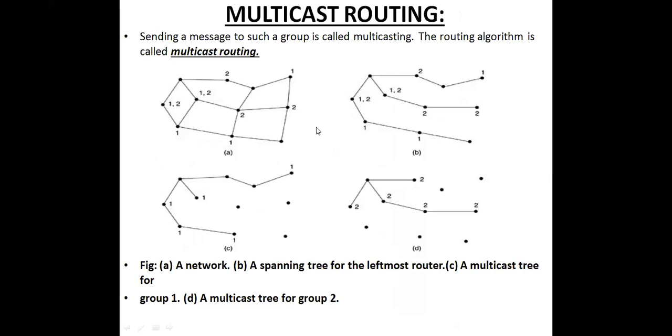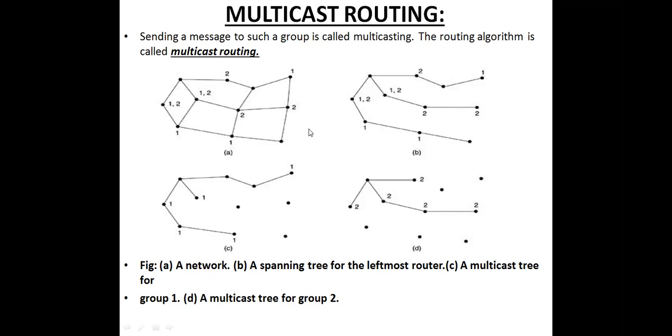And the next one is multicasting. Multicasting means one to many. This is the network, and here we have loops, right? So we need to maintain a sink tree. This is a sink tree, because there are no loops here. The first one is the given network.